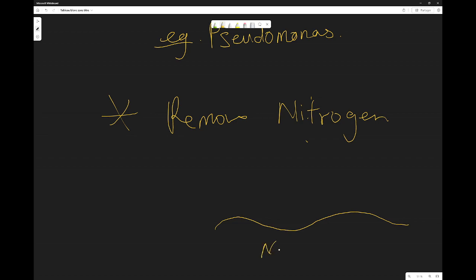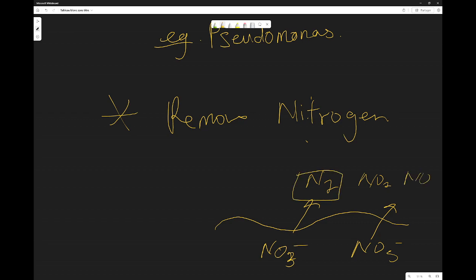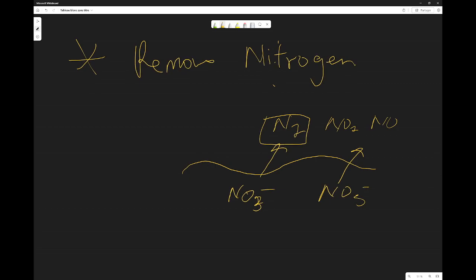so all our nitrates are turning into nitrogen gas and different oxides as well, but primarily nitrogen gas. We know that plants would need the nitrates.